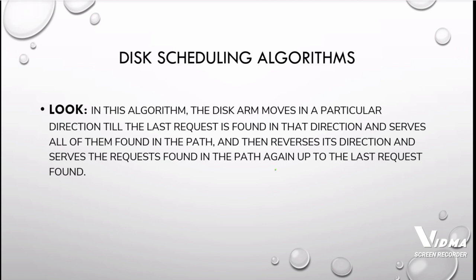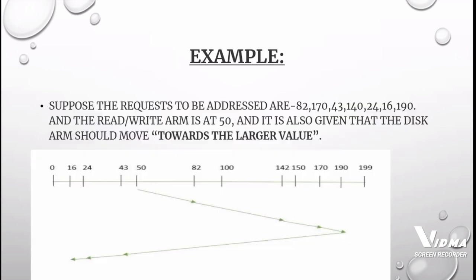In this algorithm, the disk arm moves in a particular direction till the last request is found in that direction and services all the requests found in the path, and then reverses its direction and serves the requests found in the path again up to the last request found. It's called the LOOK disk scheduling algorithm. To understand this more easily, let's discuss one example.